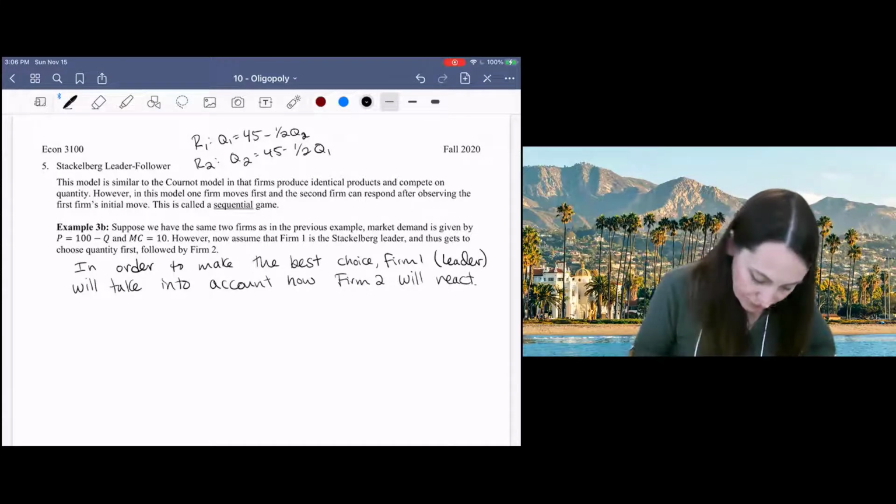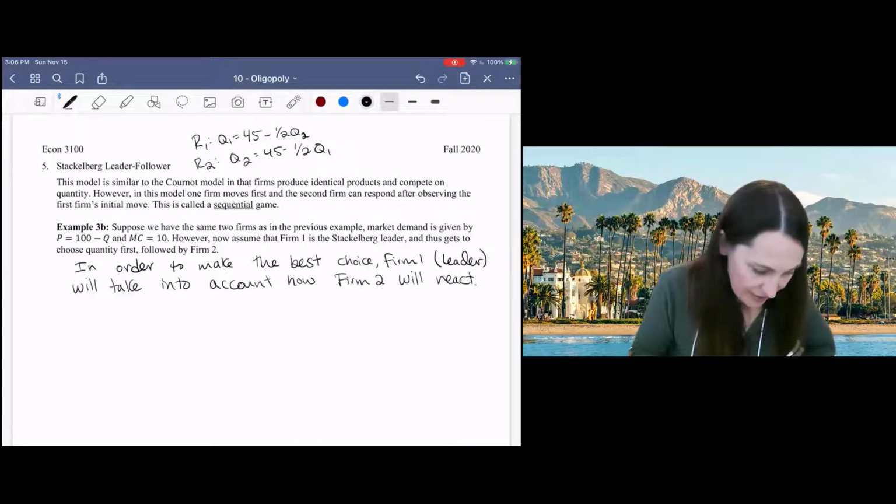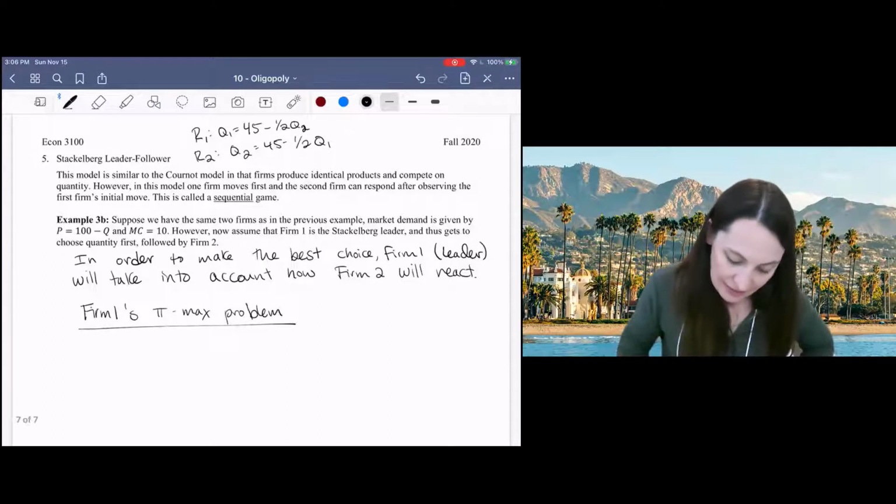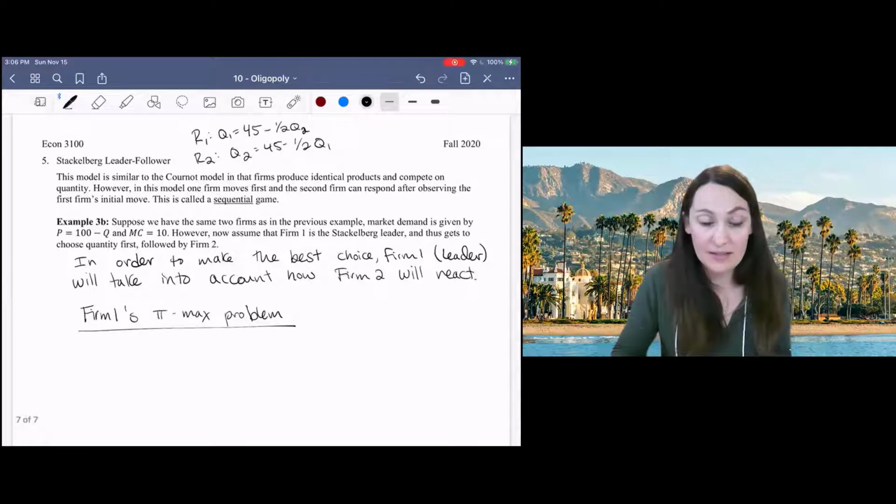So what we're going to do is think about firm one's problem taking into account firm two's reaction function.